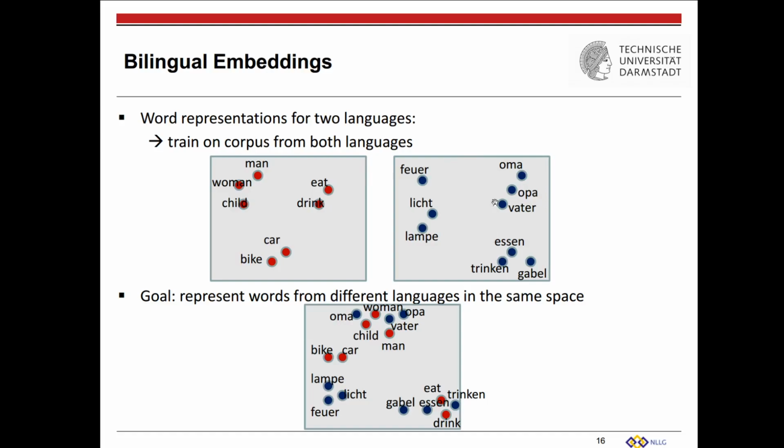The reason this approach does not work is that all of these vector spaces have the property that the nearest neighbors of a word should be stable. If you run, for example, word2vec twice, then you would hope that you get the same nearest neighbors, but you would not get the same location in general, right?